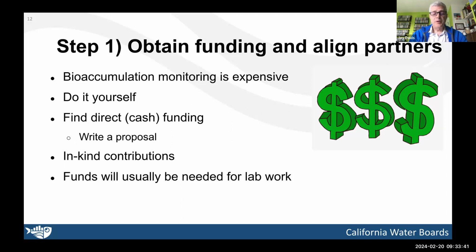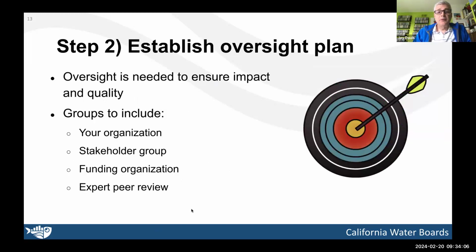But that's kind of a special case where it's a group of agencies with labs. But there can be in-kind contributions for the sample collection for different aspects of the monitoring. But again, it's likely that you will need some funds, especially for the lab work. So no small feat getting the funding, but it's essential.